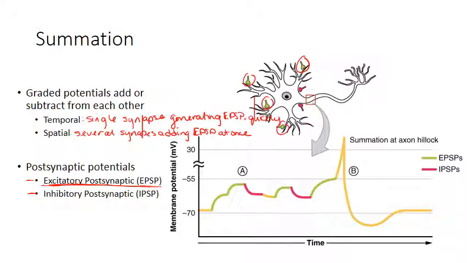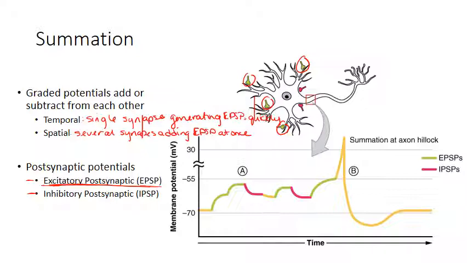So this is spatial. Here we actually have 4 synapses that are excitatory. Those 4 excitatory synapses are all sending excitatory postsynaptic potentials to the cell at once. Those 4 would add together and create a larger excitatory response.